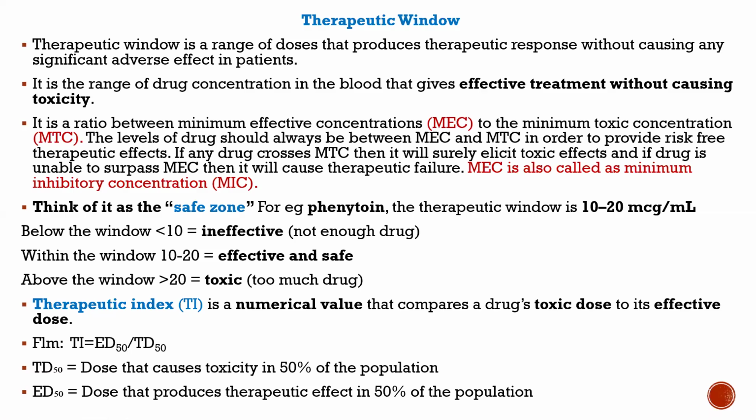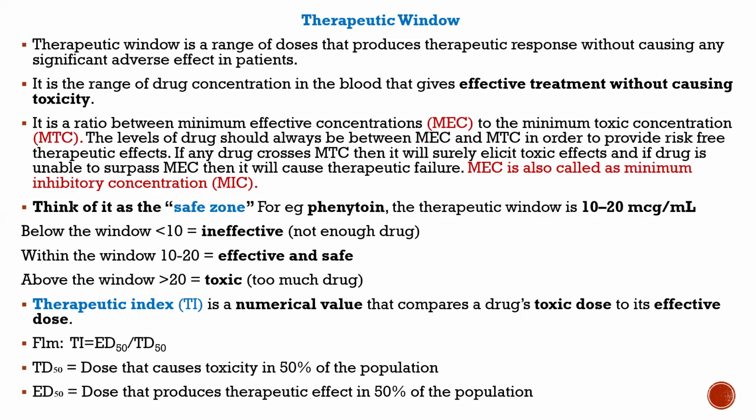All right. So this therapeutic window, I think I showed a graph in the first slide, I was trying to explain that when a drug is being administered in the body, if the required dose is not reached, that means the drug will be less effective.